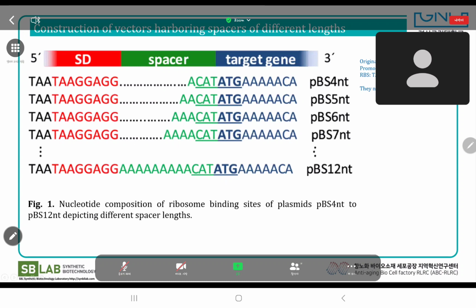So first, they use an original vector, whose name is pBS-MUL1, with the HpaII promoter. HpaII is a constitutive promoter with a strong RBS site. The spacer region or sequence in this original vector is of poor nucleotide composition. So they changed the spacer sequence from 4 to 12 nucleotides by adding only adenosine nucleotides.